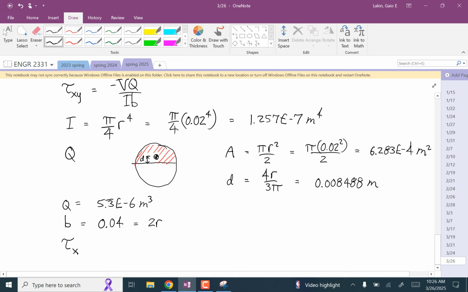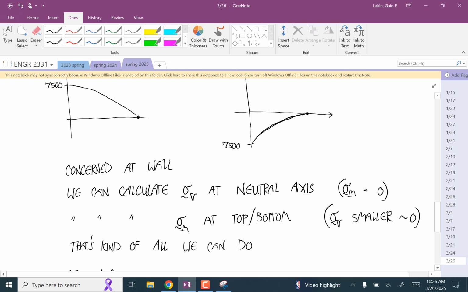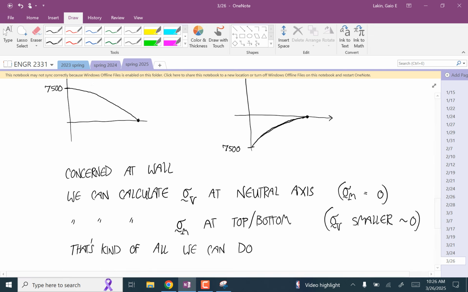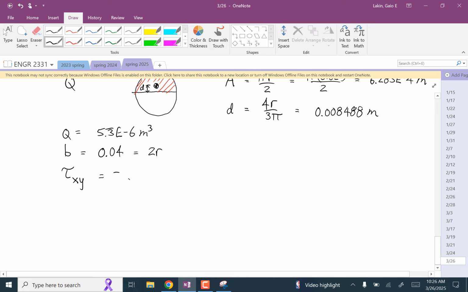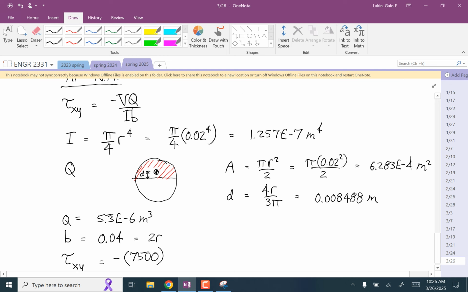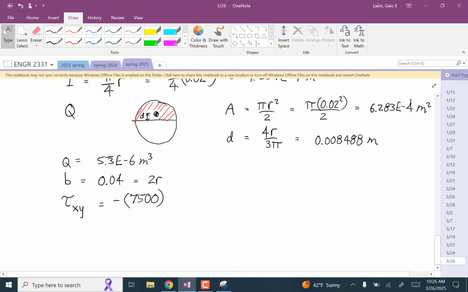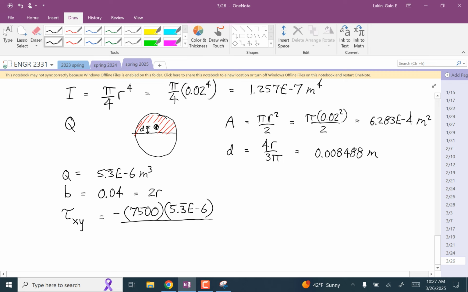And so tau xy is equal to negative. Our V at the wall is positive 7,500. Q is 5.3 repeating times 10 to the minus 6. I is 1.257 times 10 to the minus 7.